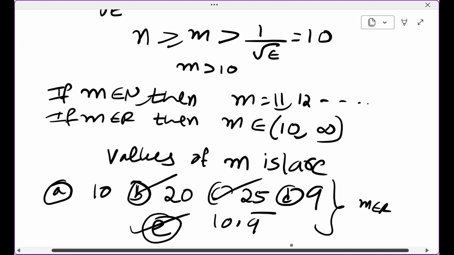If M is a natural number, only B and C options are correct. So based on the question, look at the options which are given to you. Specifically, the M specification will be given to you. First, you have to observe that also. So is M belonging to N given, or M belonging to R, or nothing given? Then look at the options and answer accordingly.